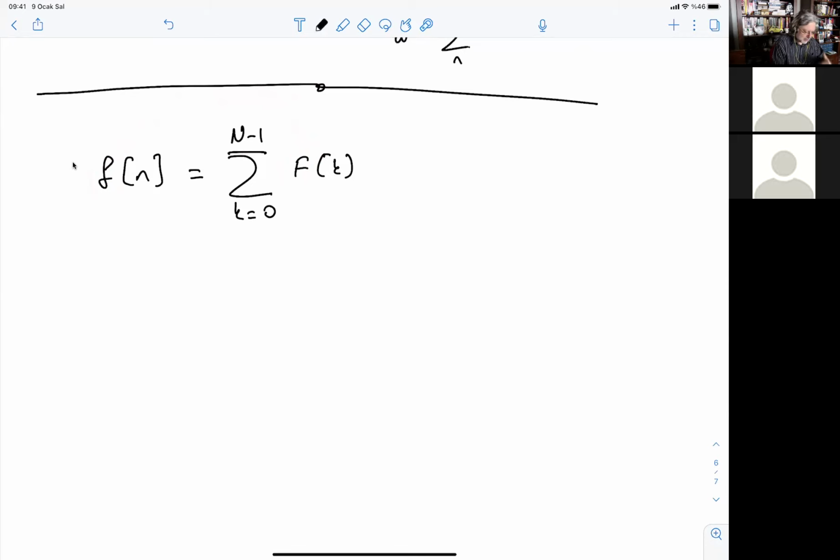Let's call that, after the transformation, it becomes capital F of k. And here I will have h of n and k, which is actually h sub n of k, you can think of it.